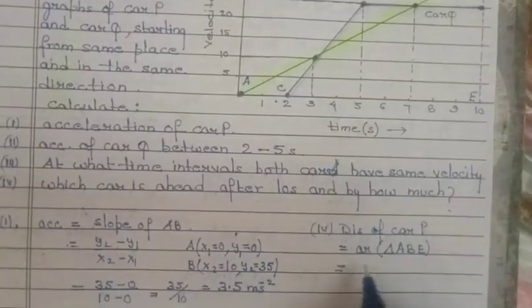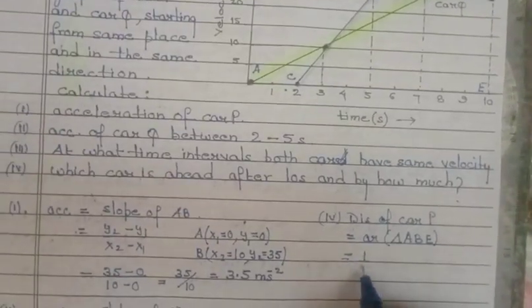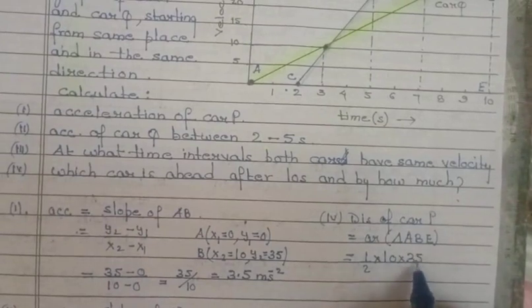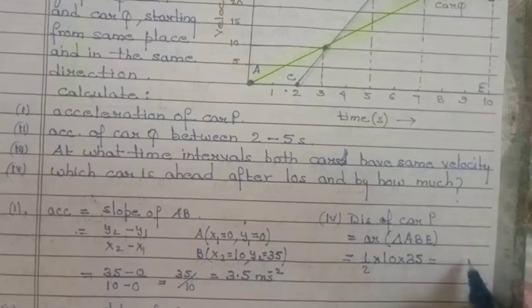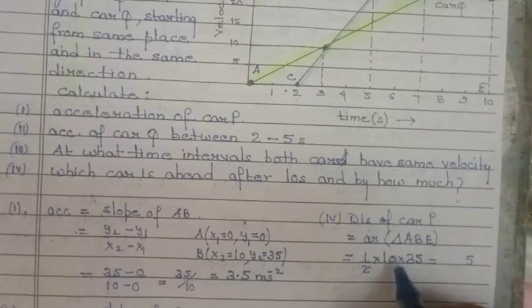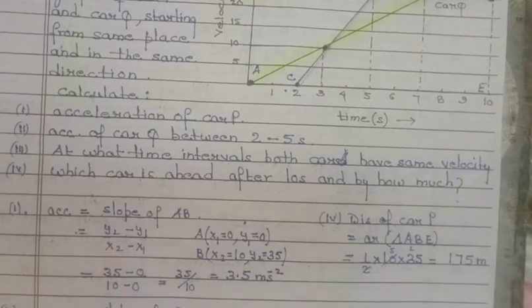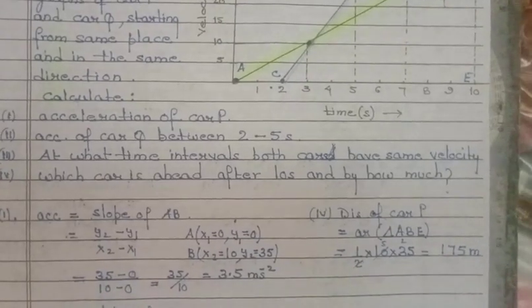So you can calculate its area. Half, base is 10, height is 35. We will reduce it now. So this will give you 175 meter. So this is the distance traveled by the car P in 10 seconds.